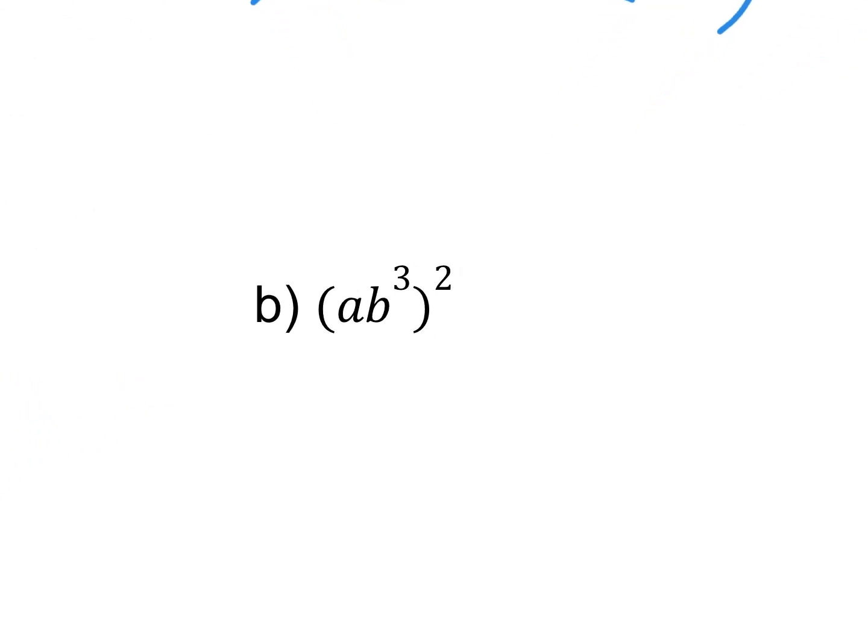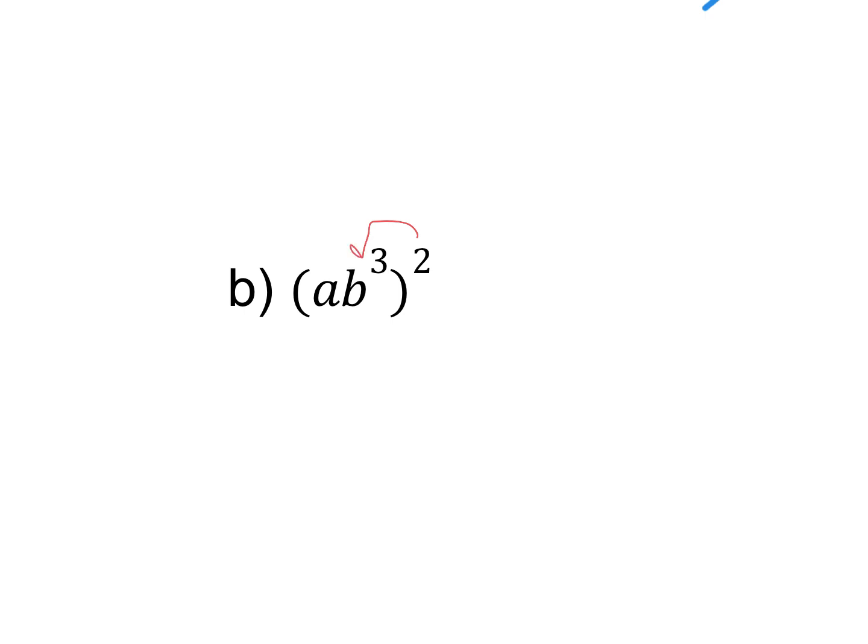So what happens if I have two variables inside this term, and I take those to the power of 2? Think of our distribution property. In this case, this power of 2 needs to go to the b term, but it also needs to go to the a term, because remember, my a technically has an exponent of 1.